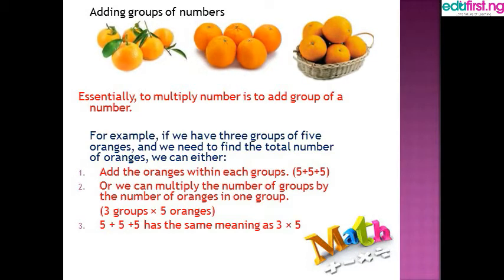Number 2, or we can multiply the number of groups by the number of oranges in one group. The number of groups of oranges we have here is 3. The number of oranges in each of these groups is 5. In brackets, 3 groups times 5 oranges.